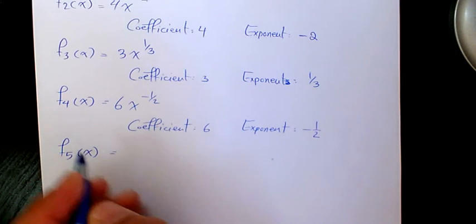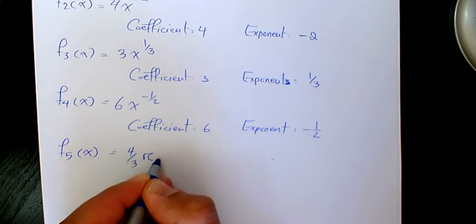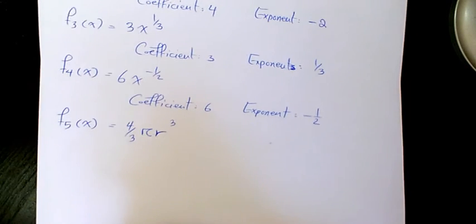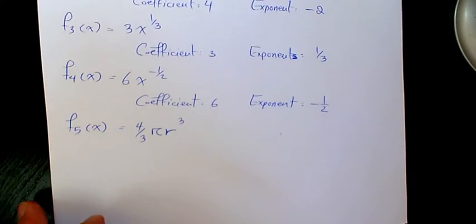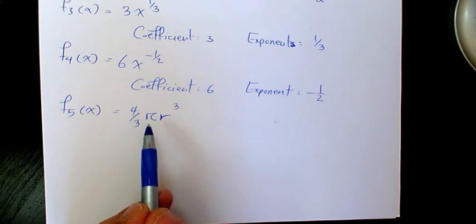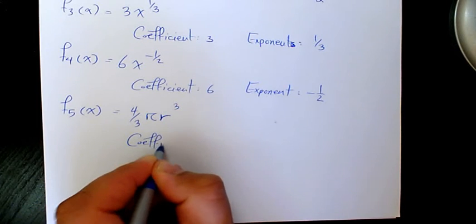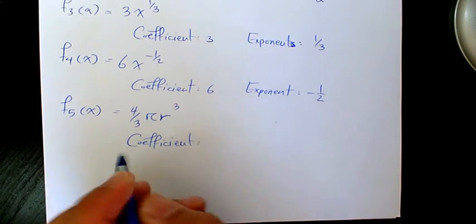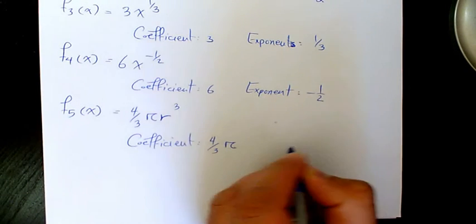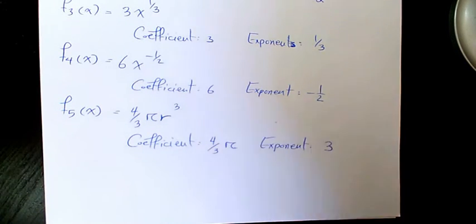f5 of x, let's say 4/3 pi r to the power of 3, which is the volume of the sphere. So coefficient is 4/3 pi and exponent is 3.